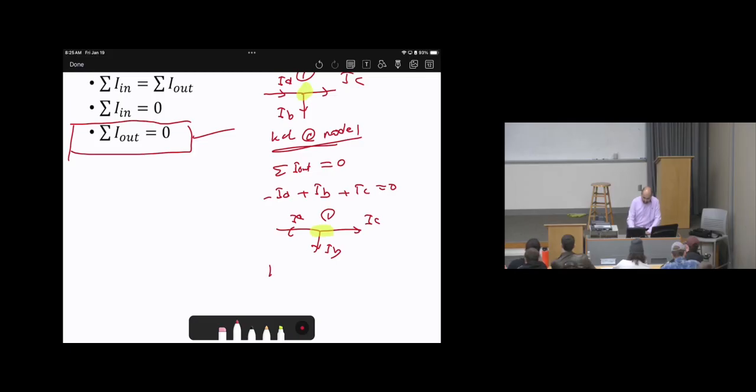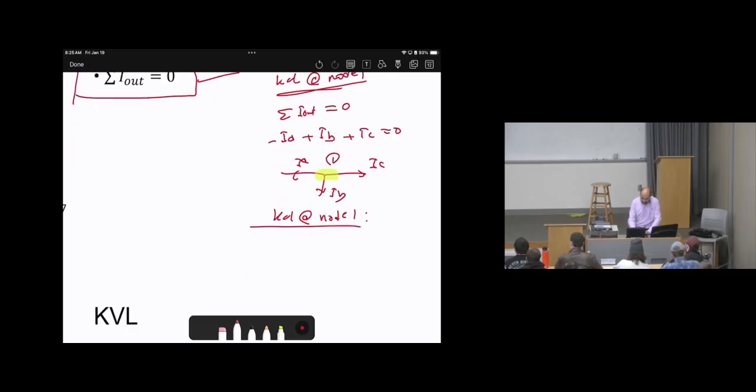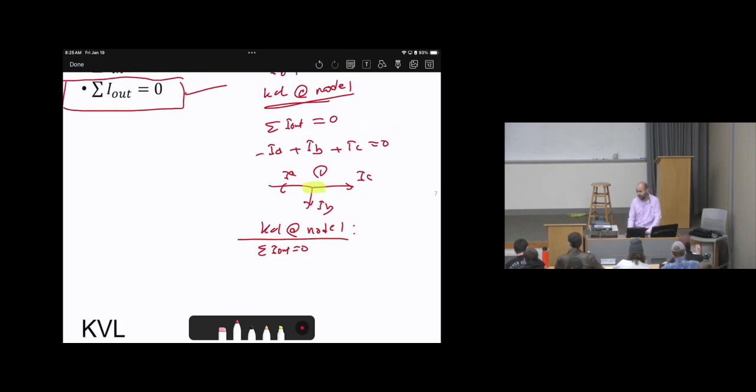Now we need to apply KCL at node 1: the sum of the leaving currents equals 0. Look at IA. Is it entering or leaving? Leaving. So IA is positive. How about IB? Leaving. So plus IB. How about IC? Leaving. Plus IC equals 0. That's it.